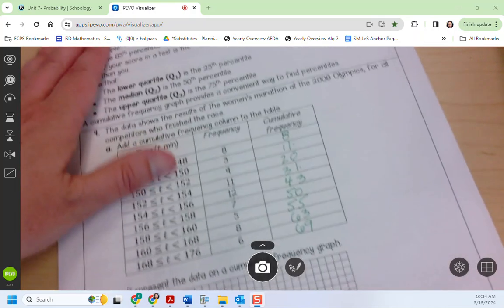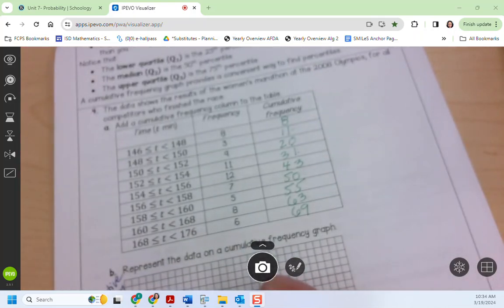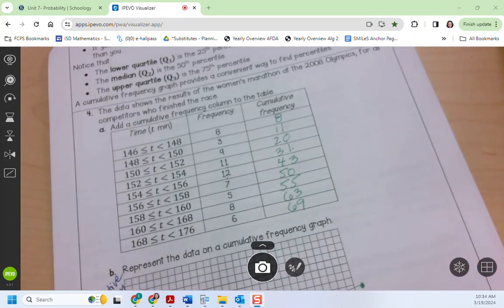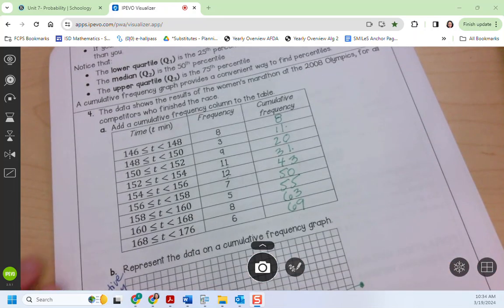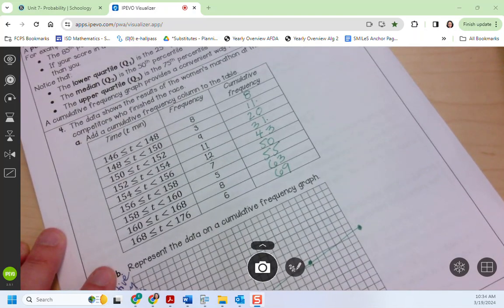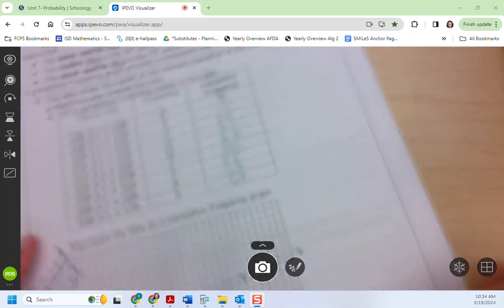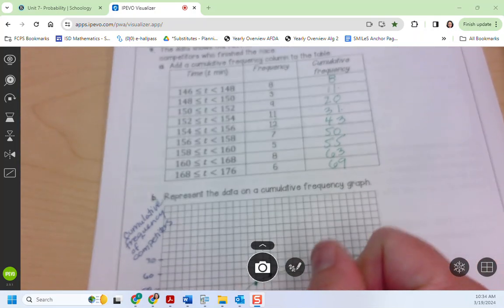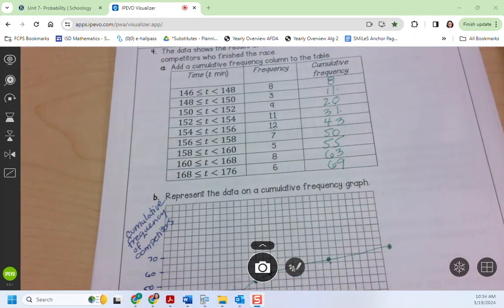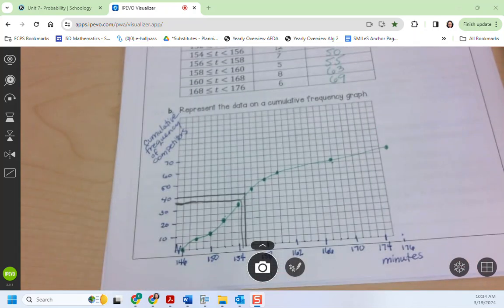So I'm here. I'm actually getting like 40. Is anybody else getting something like 40? Okay, I'm going to go with that. Looking at the way I drew my graph with a smooth curve, I'm getting about 40 competitors that were 155 or less. I keep reading my graph wrong. Sorry. 155. Okay, so 40.